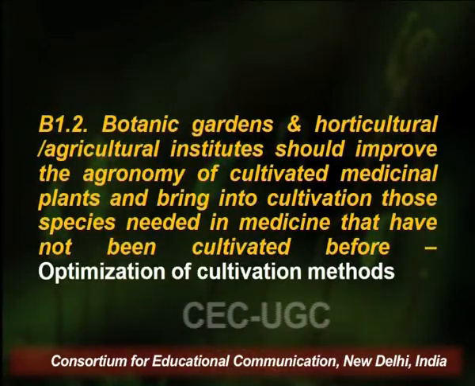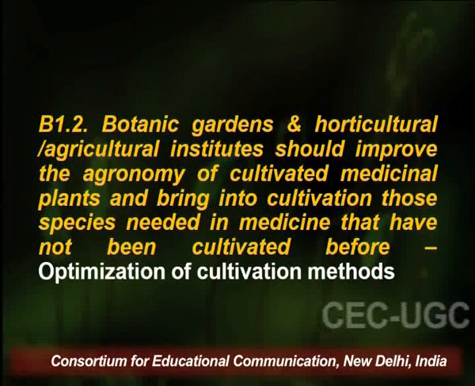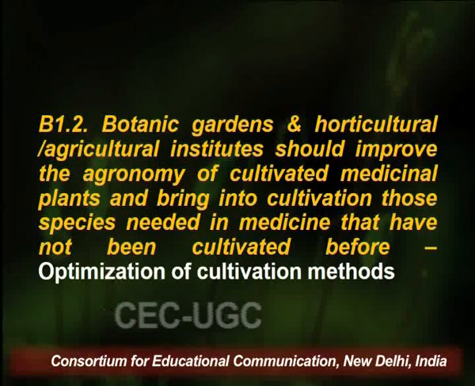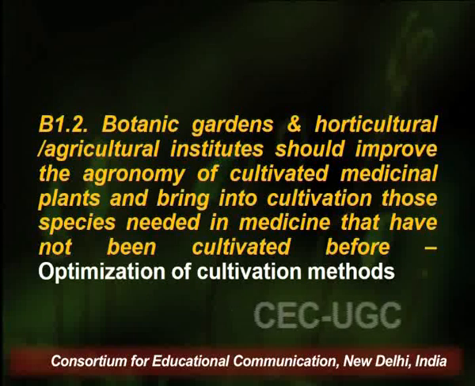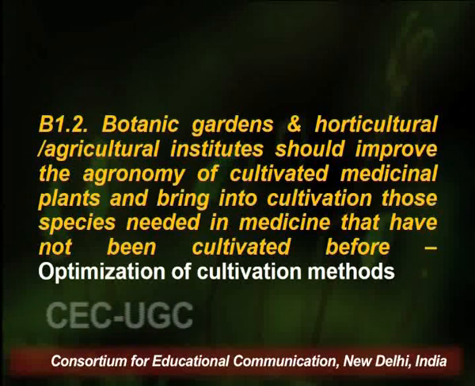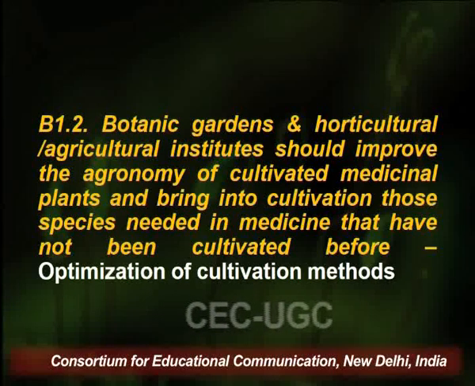Next, botanic gardens and horticultural or agricultural institutes should improve the agronomy of cultivated medicinal plants and bring into cultivation those species needed in medicine that have not been cultivated before. This suggestion includes two aspects.